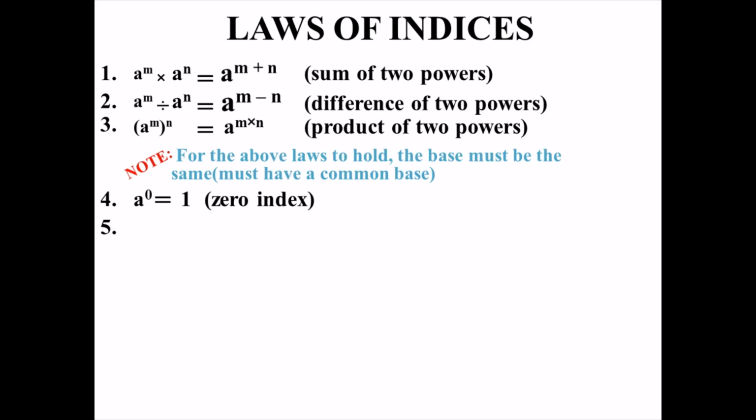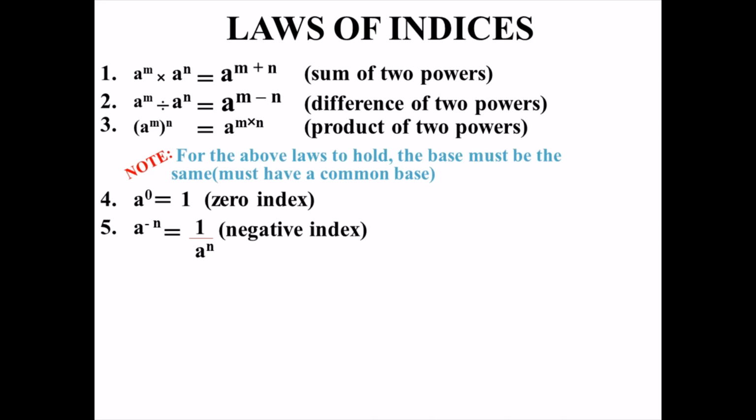Now we are going to look at law number 5, which says that if you have any number a raised to the power of negative n, then this one is the inverse. So it translates to 1 over the number a raised to n. So the negative is now omitted.